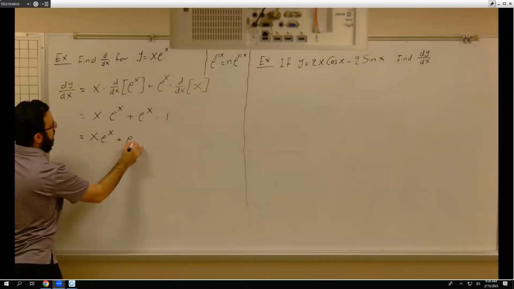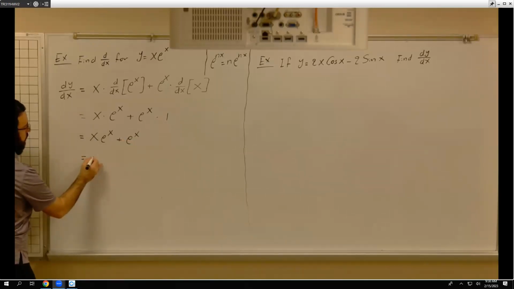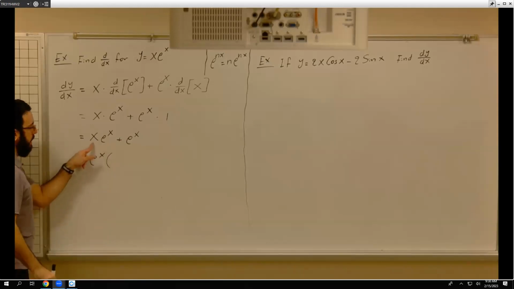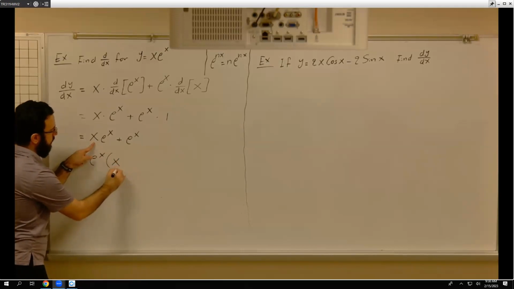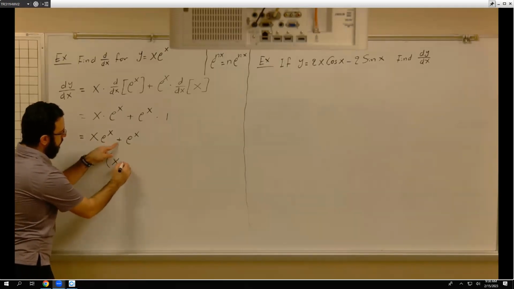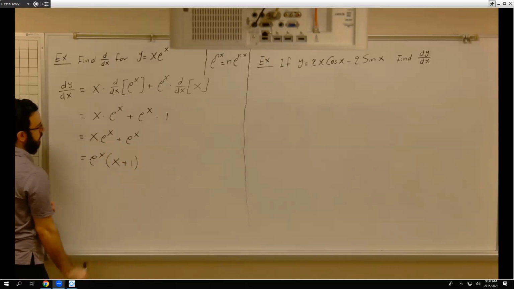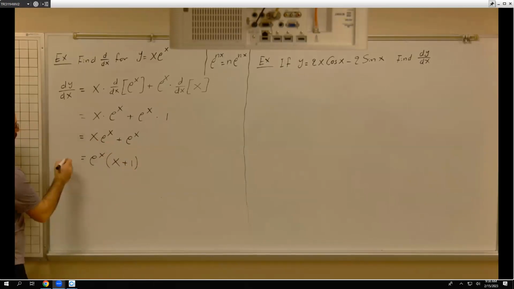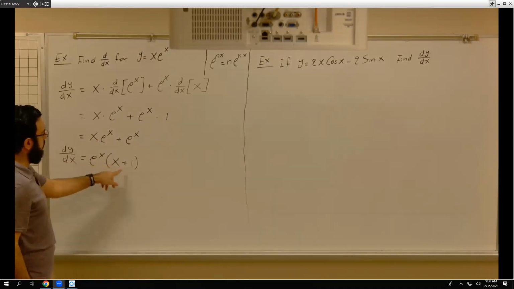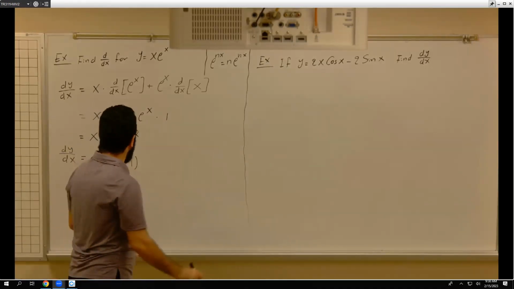I can take e to the x as a common factor. If I take e to the x as a common factor, what is left from this side is x, plus what is left from the other is 1. That means dy over dx is going to be e to the x times x plus 1.